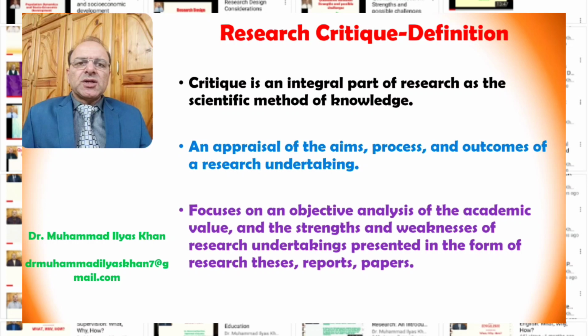And so it is generally an appraisal of the aims, the process, and the outcomes of a research undertaking. The focus of research critiques generally is on an analysis of the academic value, the strengths and weaknesses of research undertakings in the form of research theses, reports, and papers.